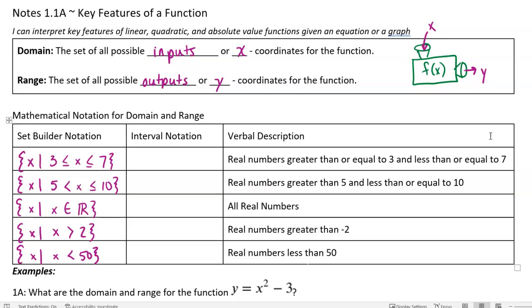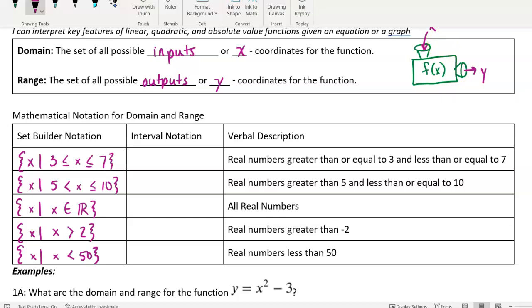Now there are different ways you could represent domain and range. One of those ways is using a verbal description, which obviously when you look at that table, is not going to be very easy. We're not going to want to write it all out in words. That's not going to be very handy. And set builder notation. Well, we could use set builder notation, but it's a little bit more complicated. And to be honest, it's really not something that gets used that frequently.